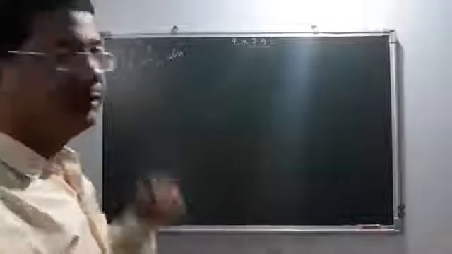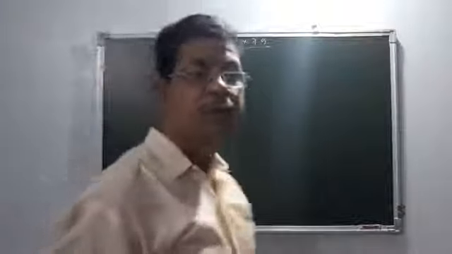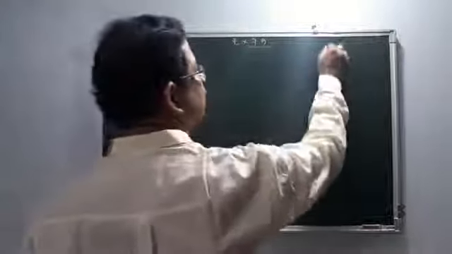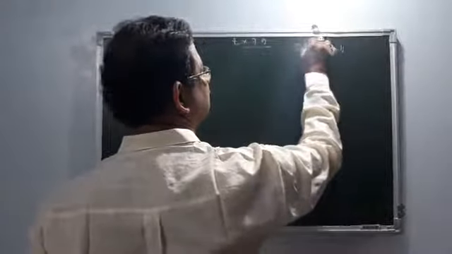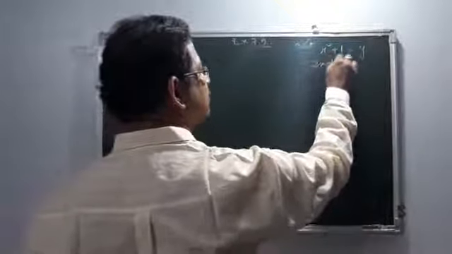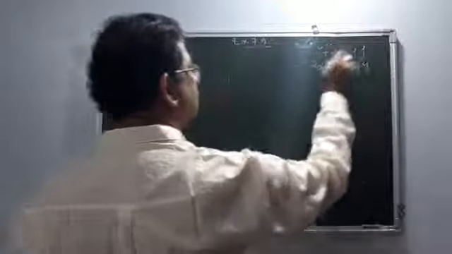How to do this one? Of course, we have one process that we did in indefinite integrals: we have to substitute. If we put x square plus 1 as y, then its differentiation, 2x dx, will be equal to dy.